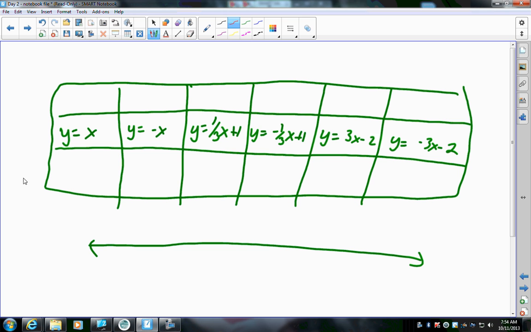It asks you down here to write the slope. So we know that the slopes are 1, -1, 1/3, -1/3, 3, and -3. You should have that down on your paper. Now, I've got a number line.